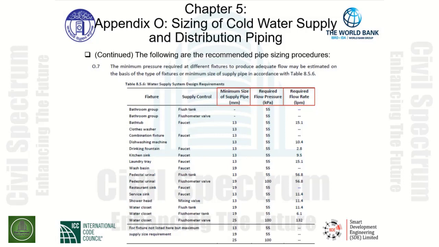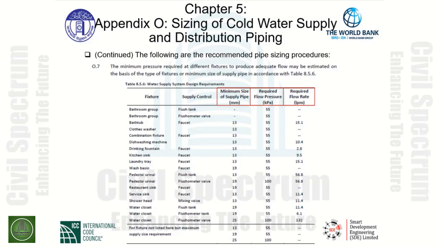We have fixtures that are called bathroom group, bathtub, clothes washers, kitchen sink, laundry tray, service sink, and different types of water closets as indicated in the first column. It identifies the fixture that needs to be designed to be supplied by the water supply system.